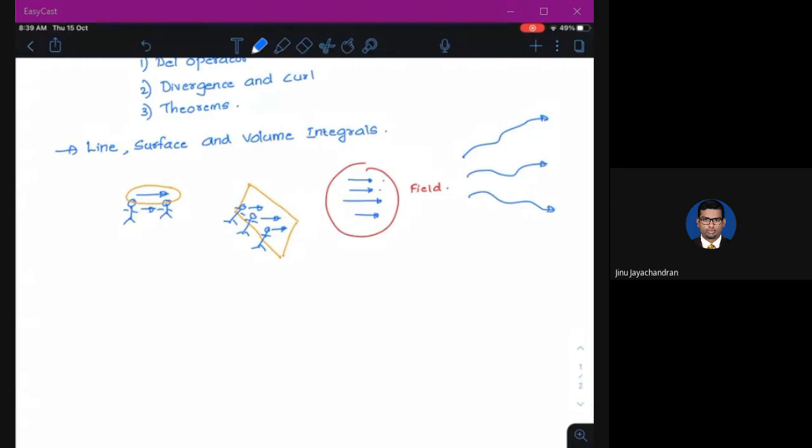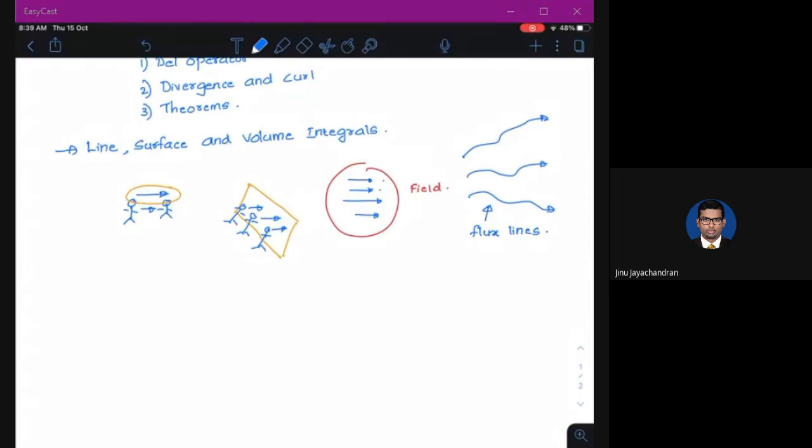So it will not be a linear thing. This collection is called a field, and these lines that show you the vector are called flux lines. So flux lines is a general term.